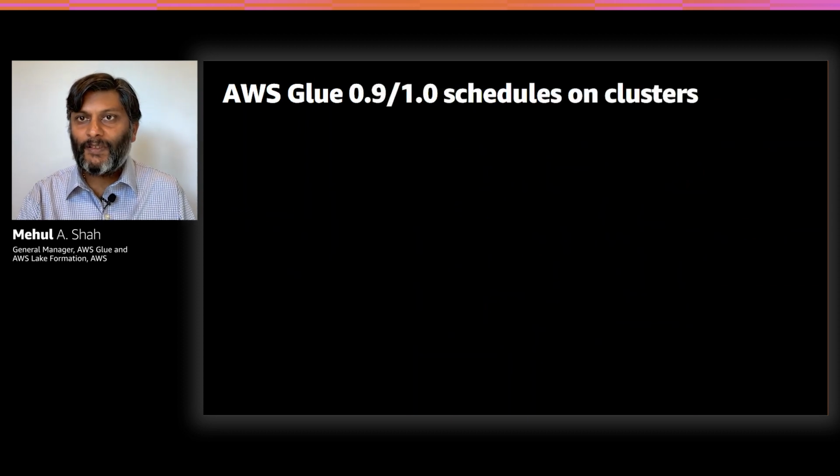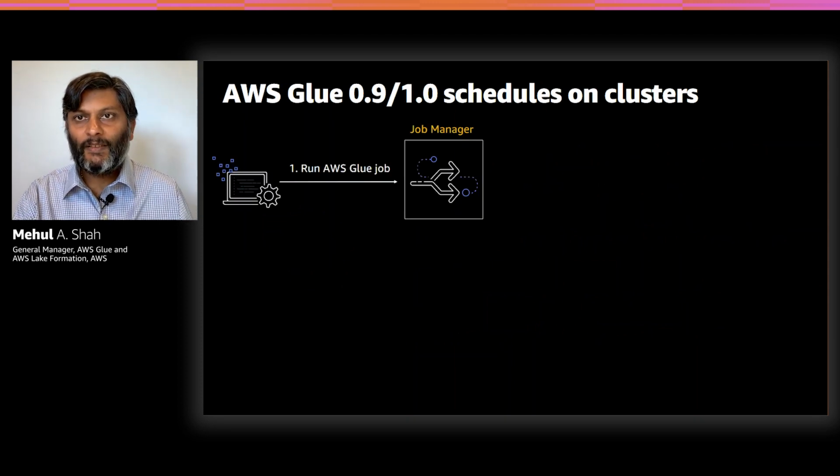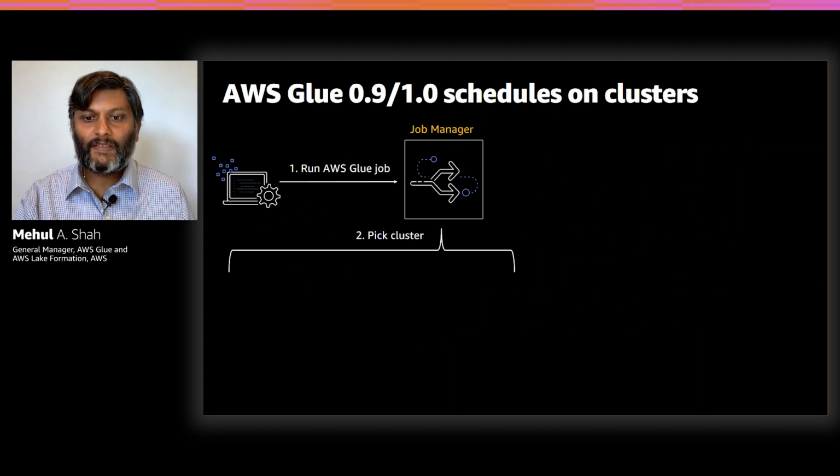All right, so for the previous versions of Glue, 0.9 and 1.0, we were sending those jobs to our job manager, and the job manager was scheduling it on a cluster, and it would pick a cluster from 3 different mechanisms.